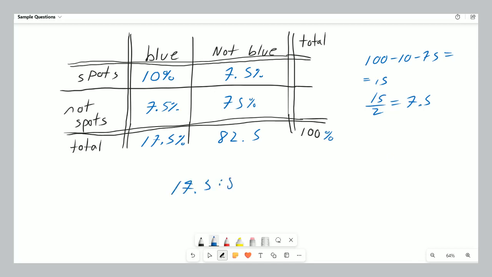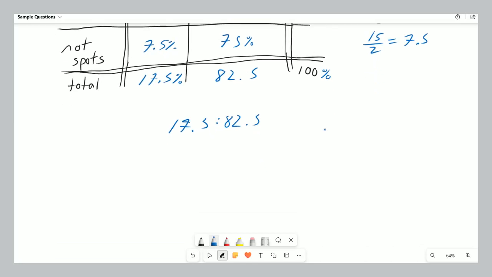So the odds of them having blue eyes is 17.5 to 82.5. Now, typically when you're presenting odds, you do it with whole numbers. So it's going to be 35 to 165. Now, we could reduce this.